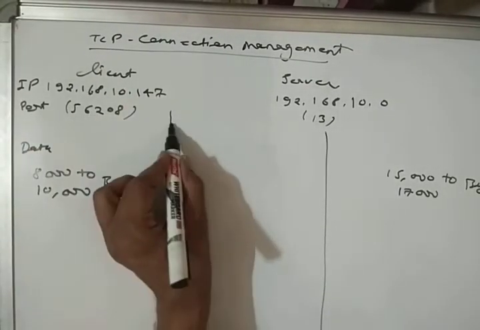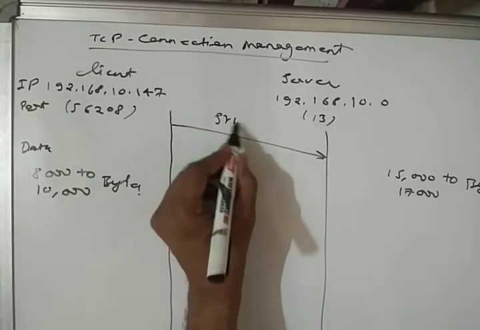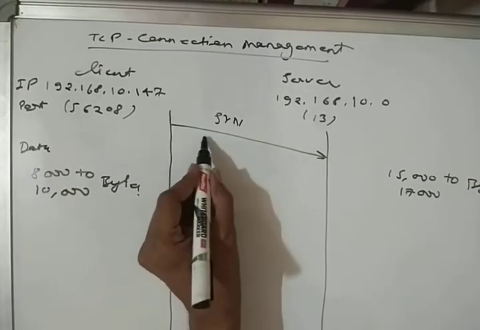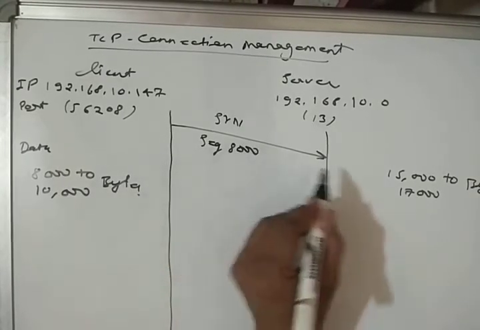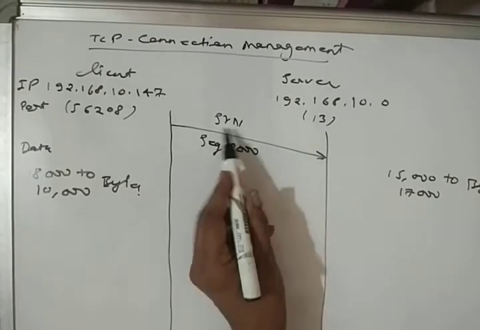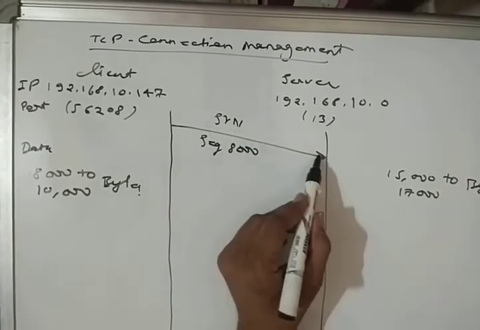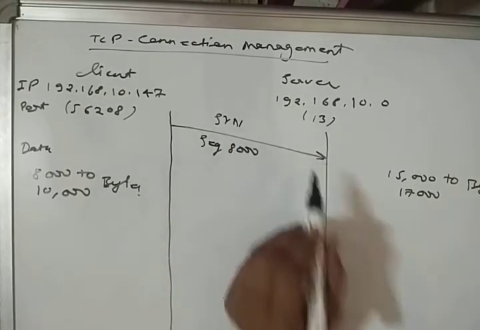The client sends the synchronous bit, known as the SYN bit, with sequence number 8,000 to the server. The server receives the SYN bit, which consumes only one bit.